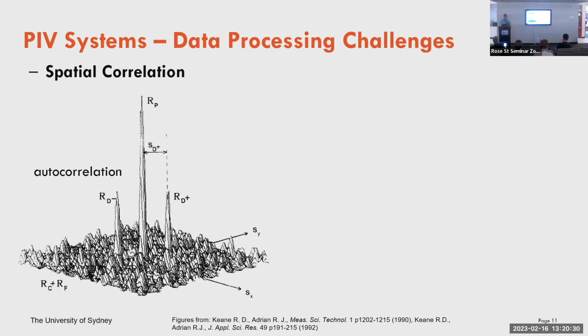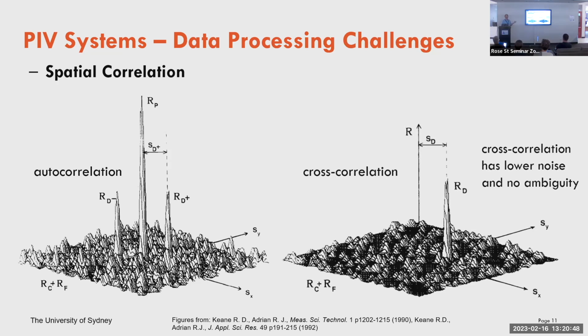You've got the two signal peaks, the zero peak and the noise floor, and it's relatively trivial to search around the interrogation region, find the peaks, and then you've still got the ambiguity problem, but it's easy image processing. Cross correlation, even easier, because you've got one peak and the noise floor is lower. Now these correlation results are really nice and clean.